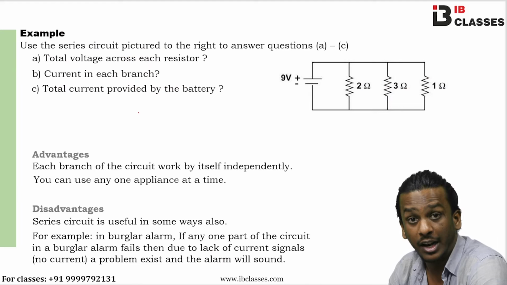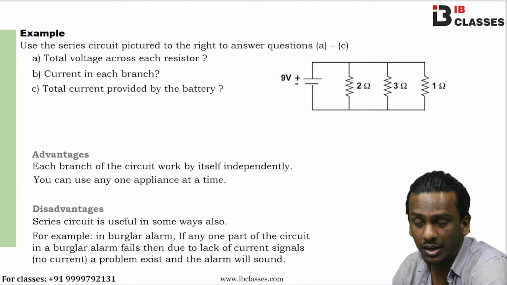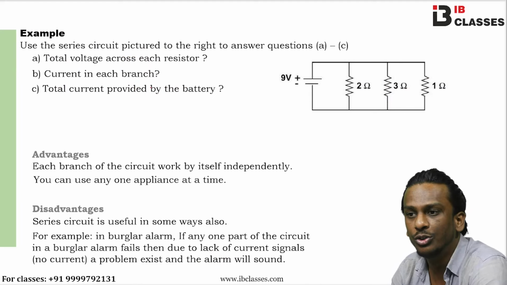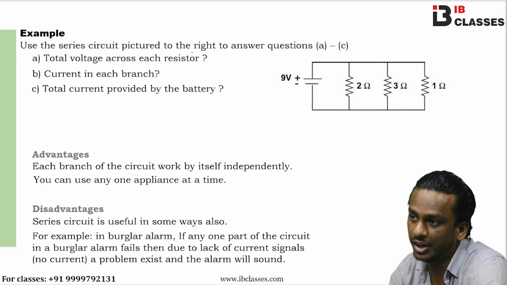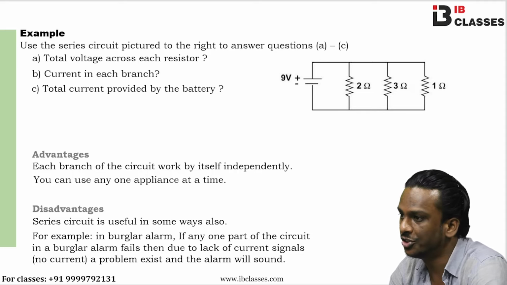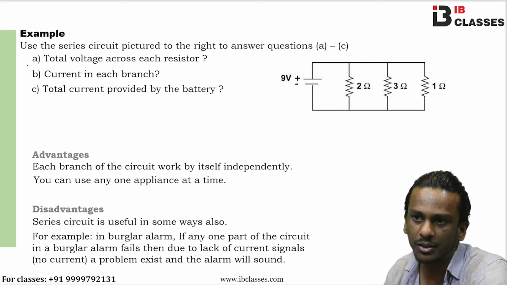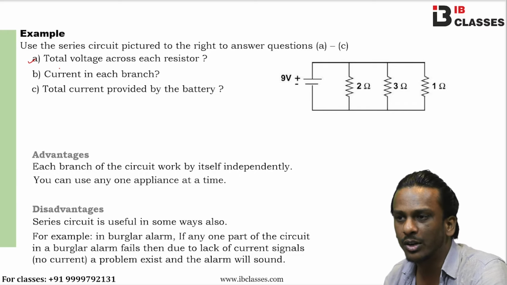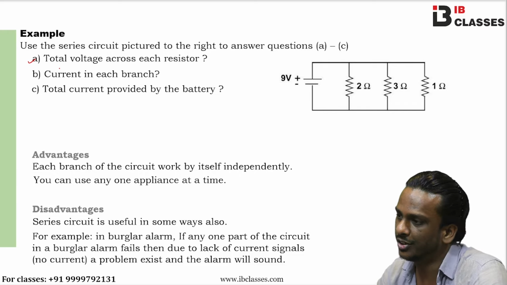And now let's try to solve an example related to the parallel circuit. Use the parallel circuit pictured to the right to answer questions A to C. The first part is the total voltage across each resistor.